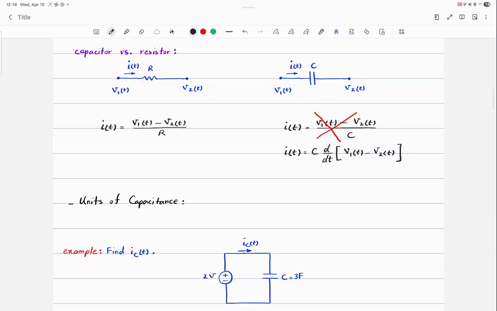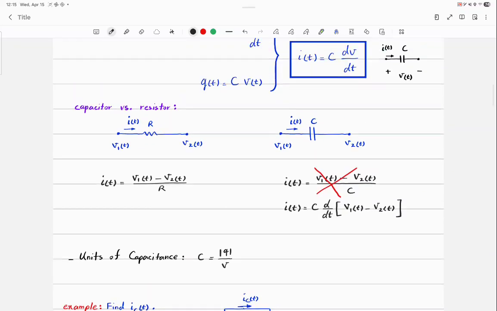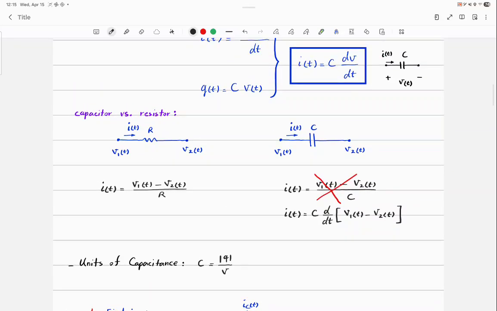Now let's talk about units of capacitance. How do you find a unit of some variable, some quantity? You write the equation for that quantity. For example, what equation do you know for C? The first one that we talked about in the previous page was Q over V. Give me another equation based on the boxed equation.